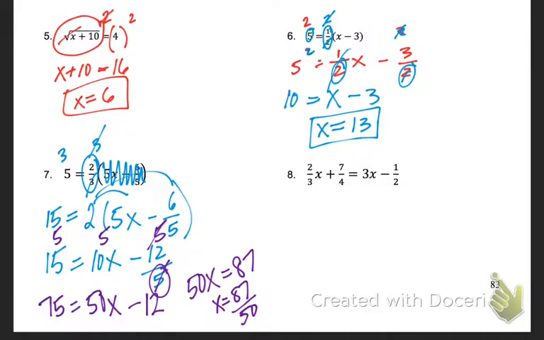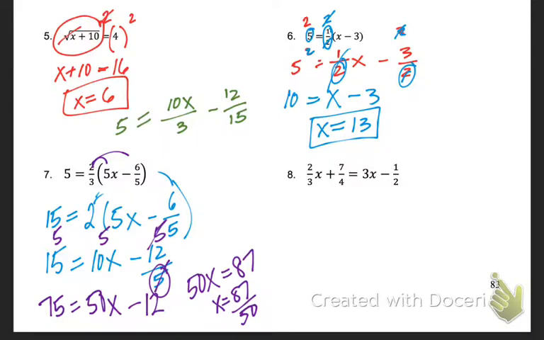If we did the long way, so if I went ahead and distributed, I'm going to use a different color and do it over here. I would have 10x over 3 minus 12 over 15. And then I still have this 5 over here. So, when you're multiplying fractions, you just multiply the tops and then the denominators. Just multiply across. Now I have 2 fractions I want to get rid of.